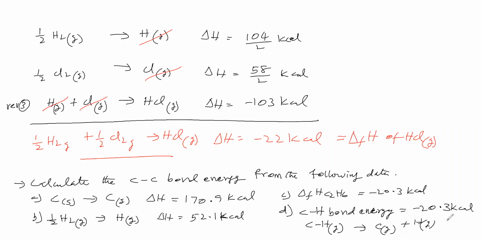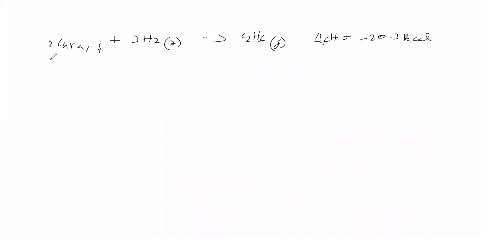With respect to bond energy, first we have to convert this graphite solid into gaseous carbon atoms. The hydrogen molecules we have to convert into hydrogen atoms.